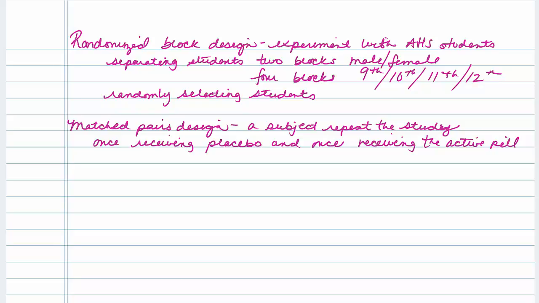It also gives you double the data, and it excludes the differences that the individuals have. You could also match the people as close as possible.